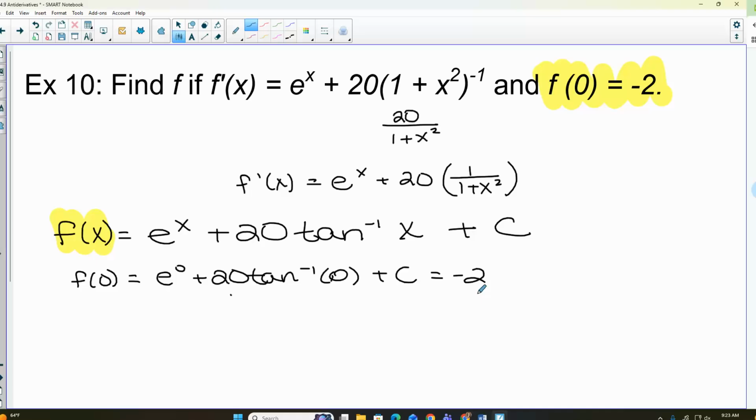What is e to the 0 power? Tangent inverse of 0. That means find the angle when tangent is equal to 0. So think about our hand trick. Tangent's the square root of the top over square root of the bottom. So that's right here. What angle is this? 0. So tangent inverse of 0 is 0.